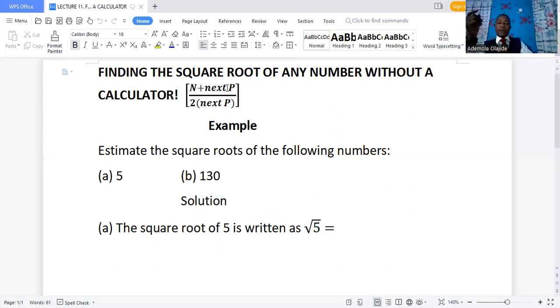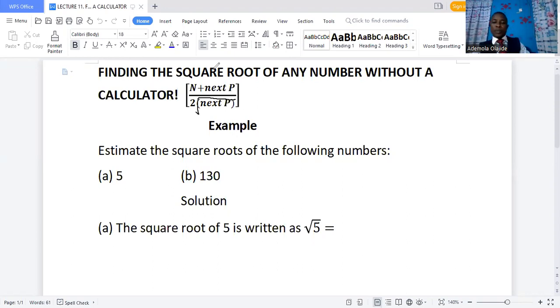So in the formula, we now have n plus P over two times the square root of that perfect square.